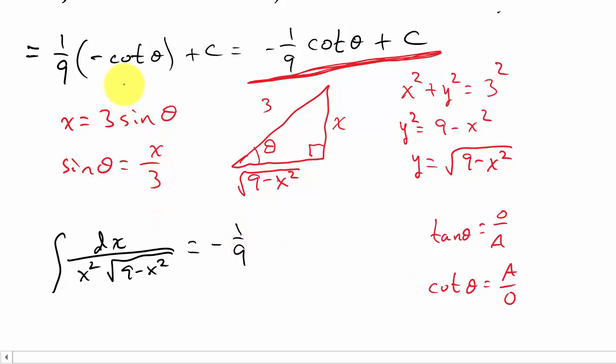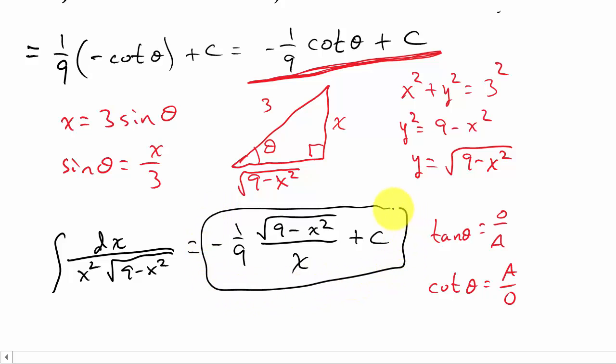That's times the square root of 9 minus x squared, which is adjacent, over the opposite, x, plus c. And this would be our final answer.